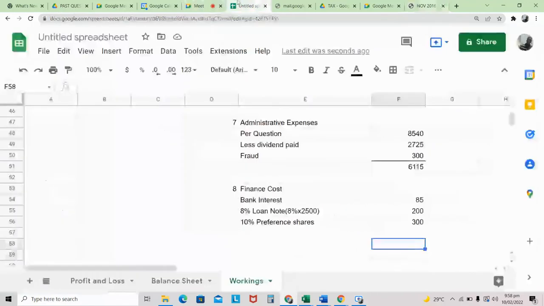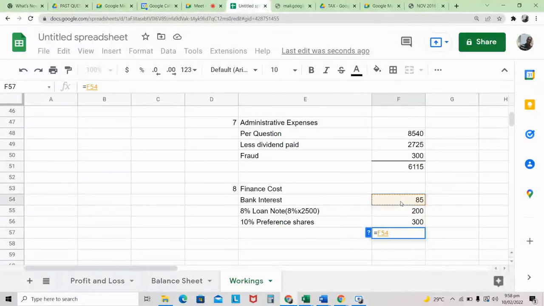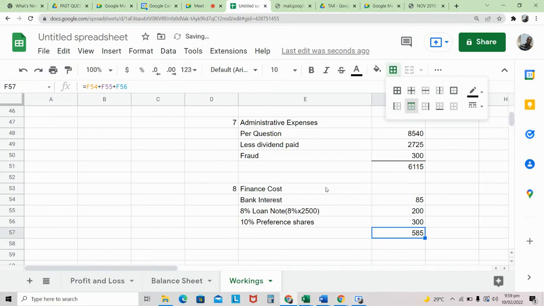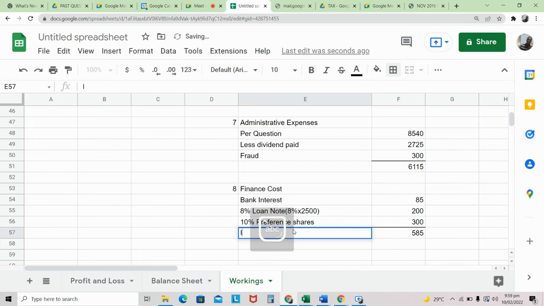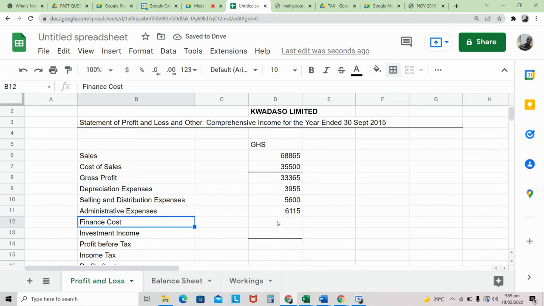So when you finish, then you add all the interest together. This plus this plus this. So this is our interest, 585. So this is interest or finance cost. Okay, so 585.